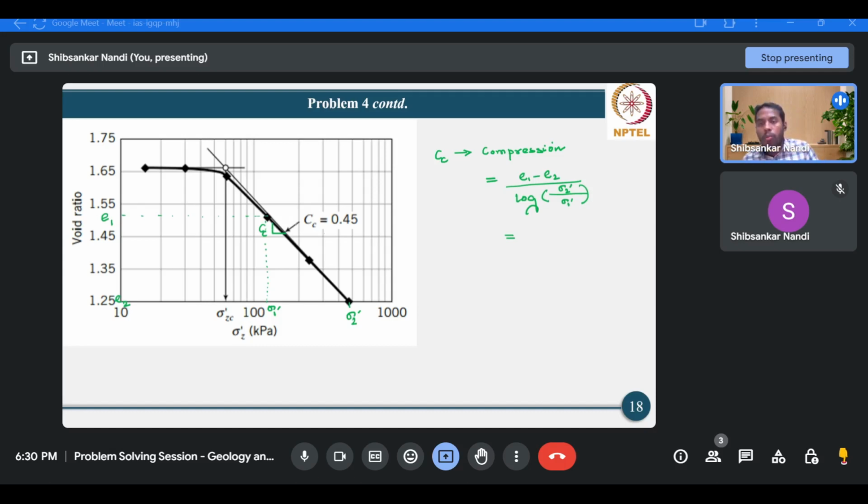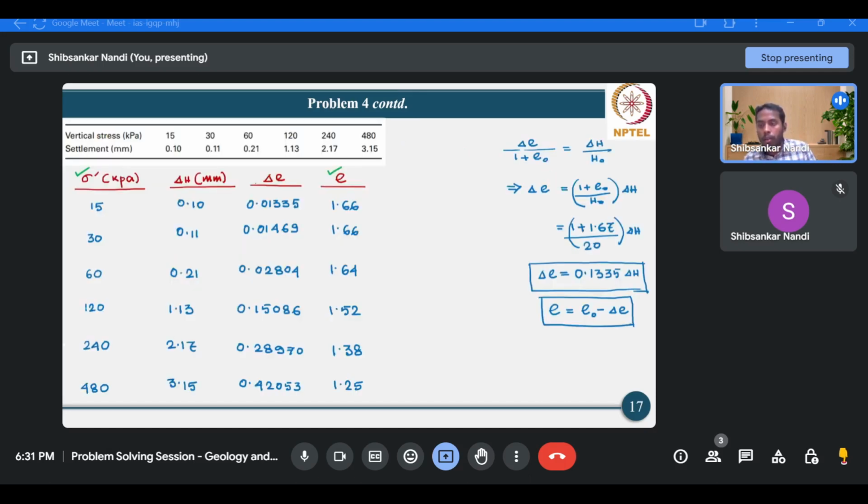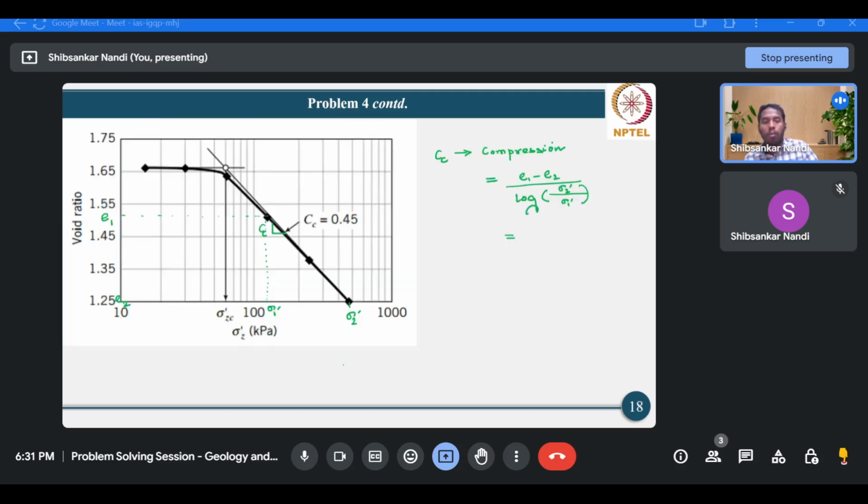Now what is the value of E1 corresponding to a value of sigma 1 prime? So sigma 1 prime means this value 120 kPa and sigma 2 prime is here 480. So E1 would be 1.52 and E2 would be 1.25. So 1.52 minus 1.25 divided by log of 480 by 120.